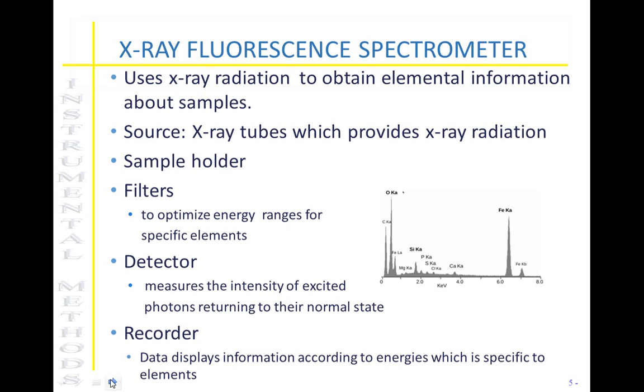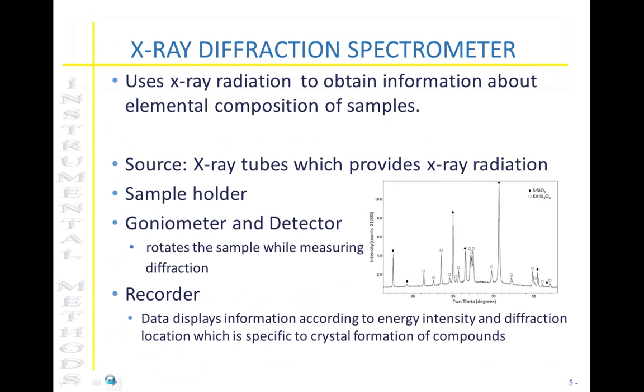If you know you're looking for a certain element, the filters can optimize your data results that you obtain. The detectors are going to measure the intensity of the excited photons as they return to the normal state. And then a recorder is going to give you data that is very similar to what is shown on this slide.